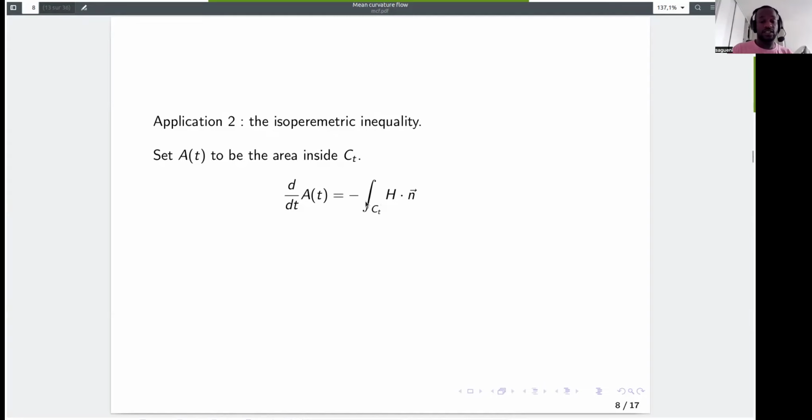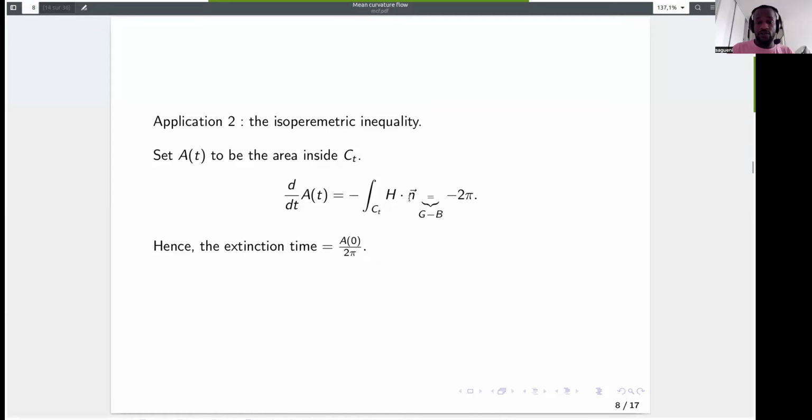You can prove easily that the derivative of the area is equal to the integral of H times N. And if you know the divergence theorem, this is just a direct application of the divergence theorem.